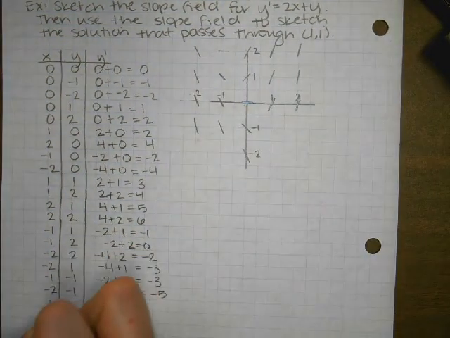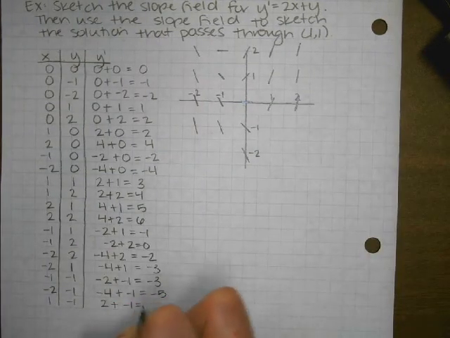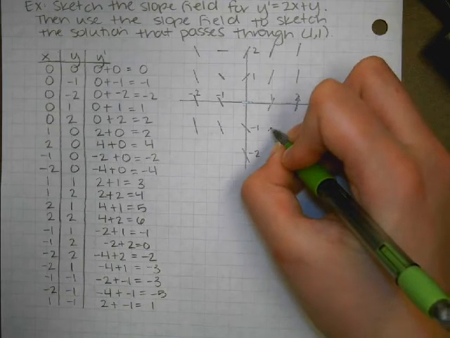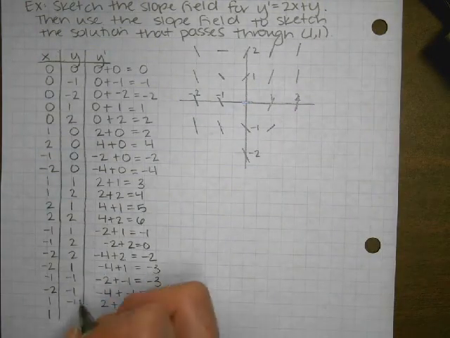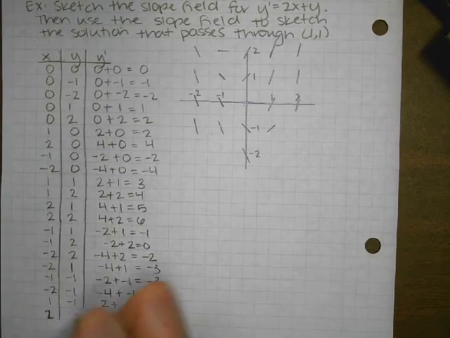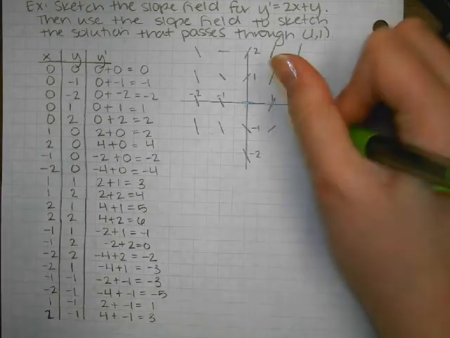And then we have 1, negative 1, which is 2 plus negative 1. And 2, negative 1 is 4 plus negative 1, which is 3.